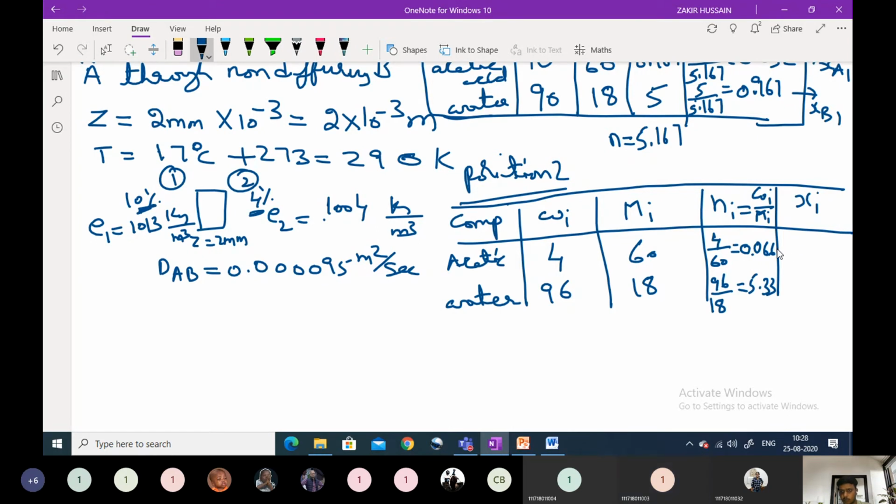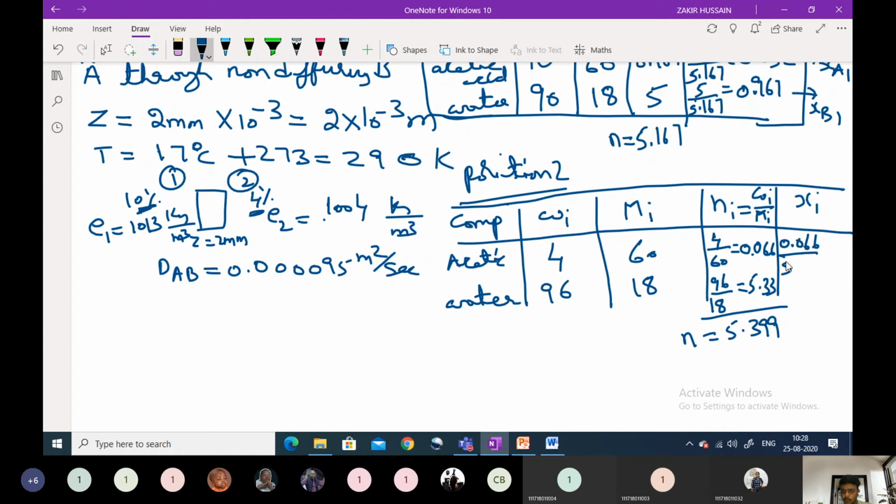Then xi is equal to ni by n. So total n is equal to 5.399. Okay.